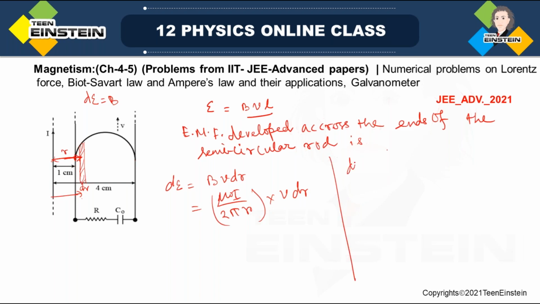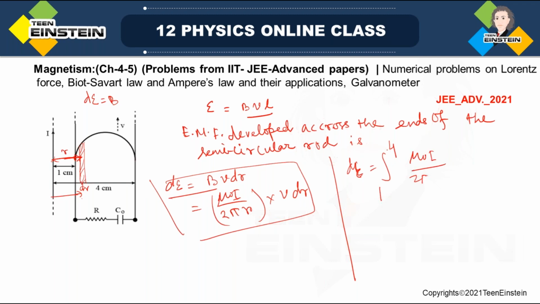To find the total EMF developed across this semicircular rod, we integrate the elementary EMF from 1 to 4, mu0 I by 2 pi r times V dr. Now this will be mu0 I V by 2 pi, and this will be ln 4.